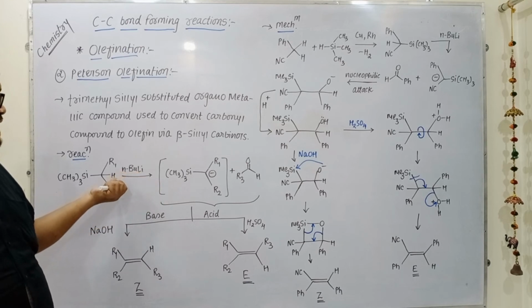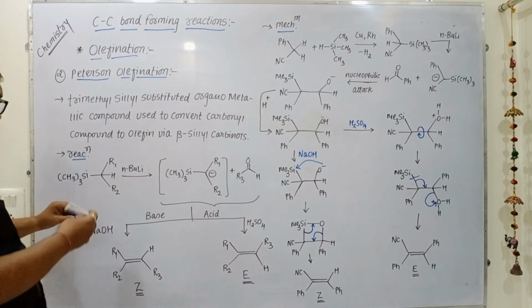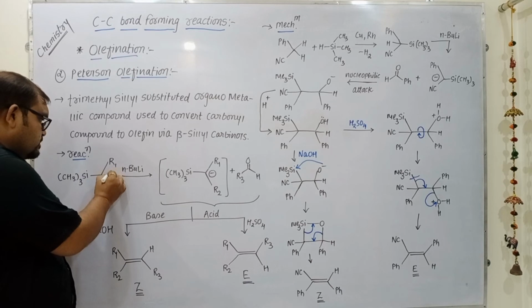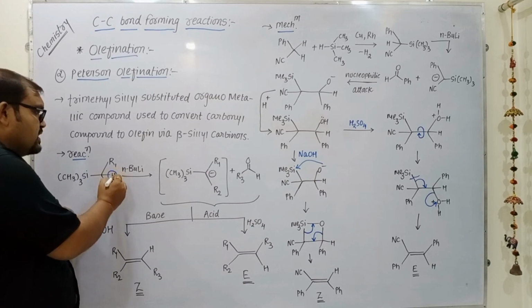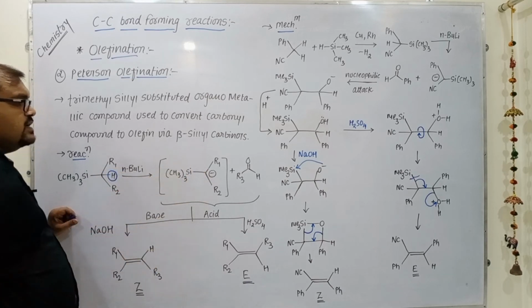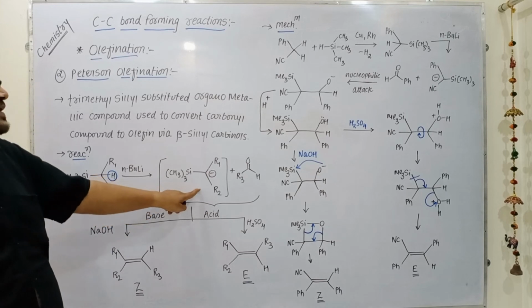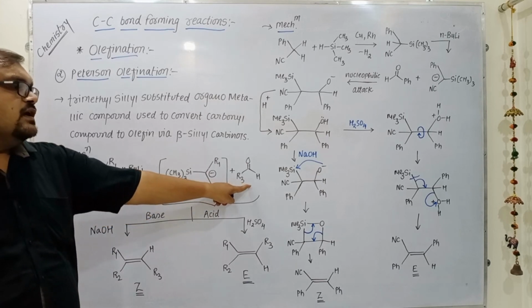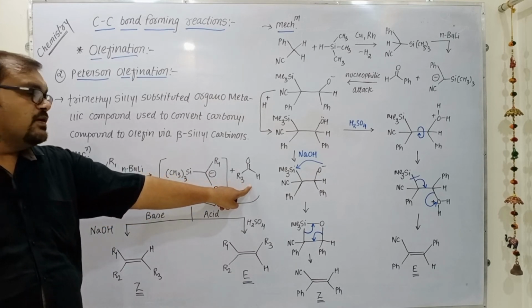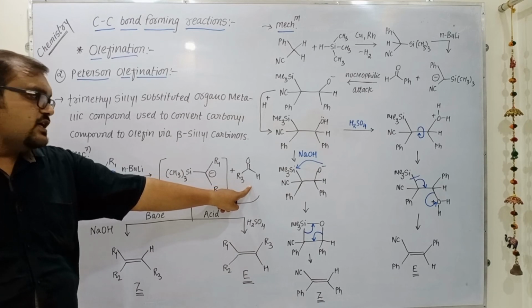This base will abstract this particular proton and we will get a negative charge here. Now this charged intermediate will react with a carbonyl compound, that is an aldehyde or ketone.